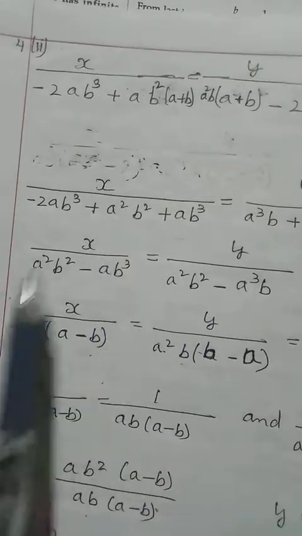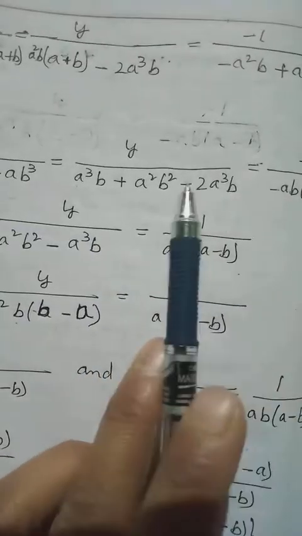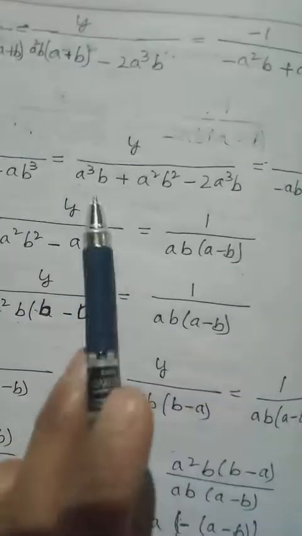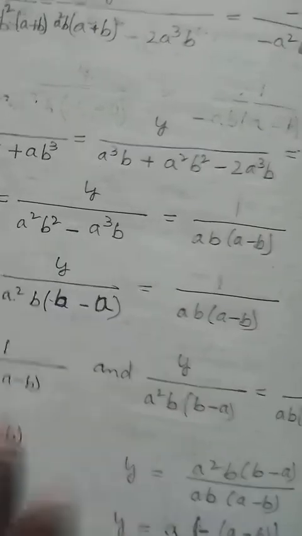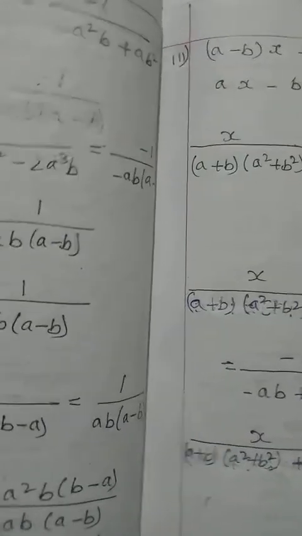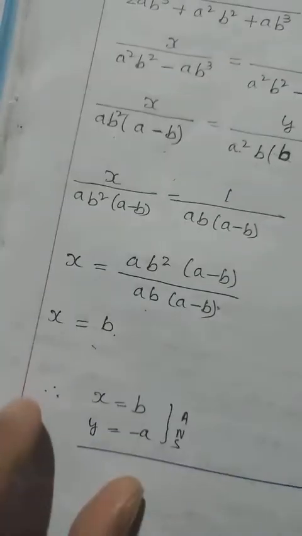Then this one both different, leave it as it is. In the second part also we have a cube b, 1 minus 1 plus, so 2 minus 1 will be 1. Here the squares are different, leave it like that. Then here we can already take common.